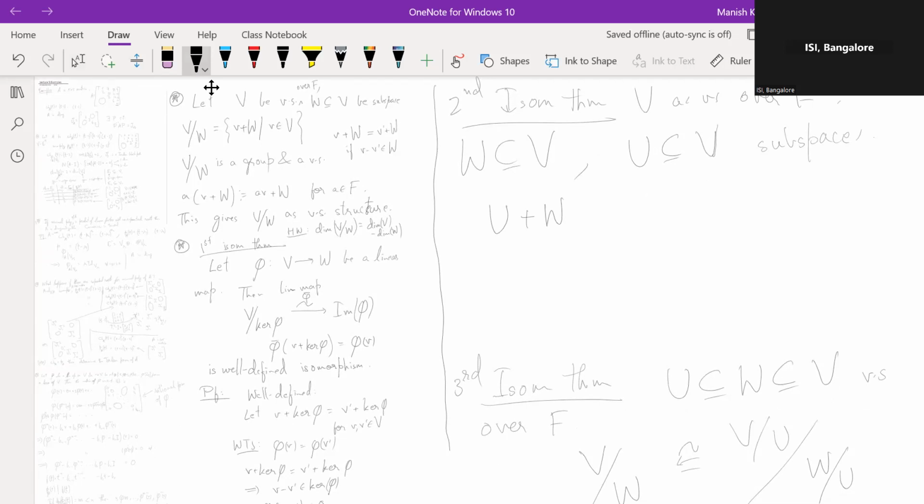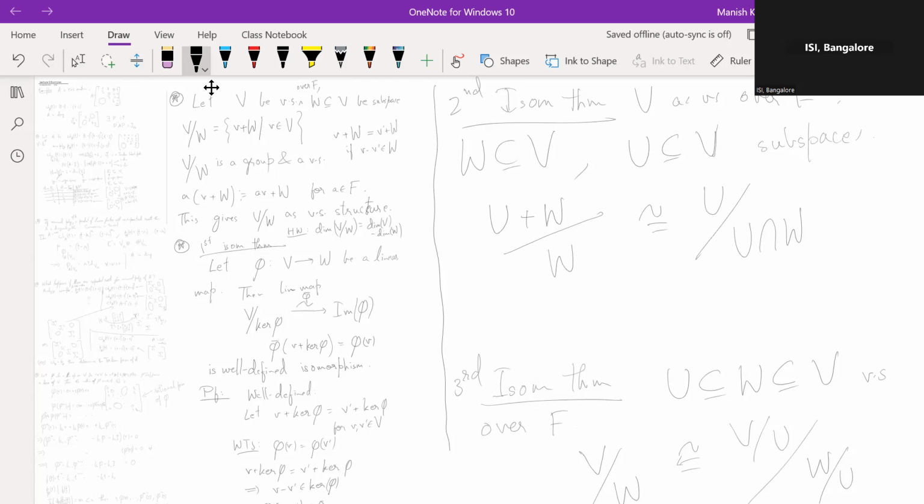It need not be a direct sum; they may have an intersection, but it's a subspace of V. Then U plus W mod W is isomorphic to U mod U intersection W.